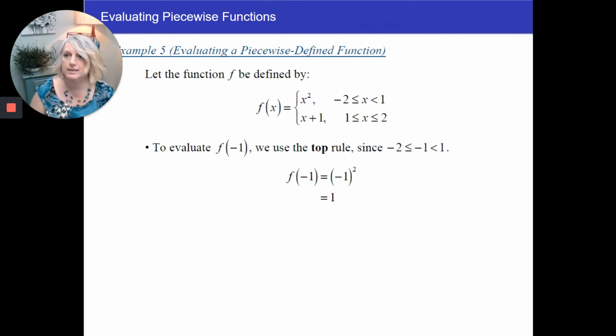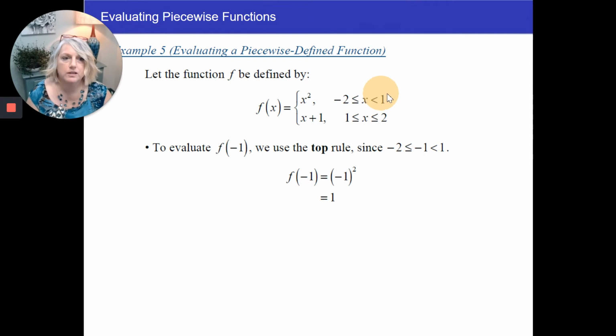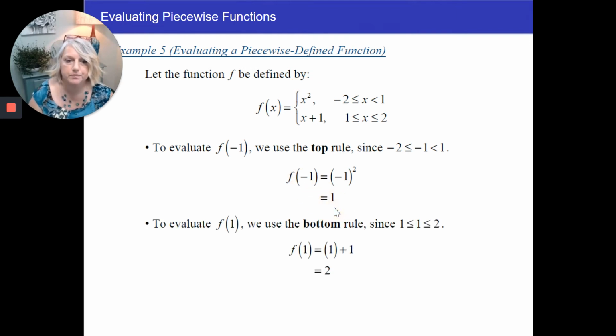Let's look at another example. Now we have a piecewise function made of a parabola and a line. The parabola is only graphed on the section -2 to 1, and the line is only graphed from 1 to 2. When I evaluate f of -1, that -1 falls in the first interval, so I only need to use the x squared rule, so f of -1 is 1.